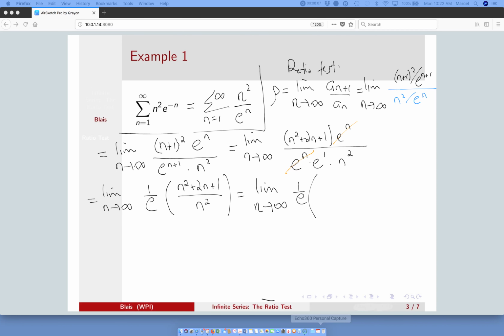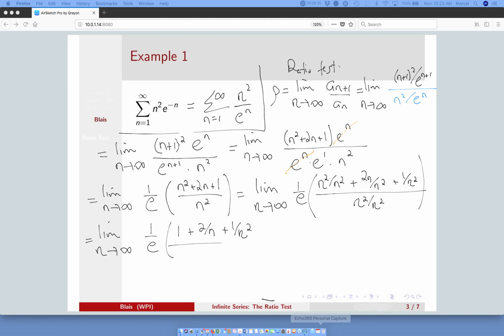So this gives us n squared over n squared plus 2n over n squared plus 1 over n squared, over n squared over n squared, or the limit as n goes to infinity, 1 over e, simplifying, we get 1 plus 2 over n plus 1 over n squared over 1.